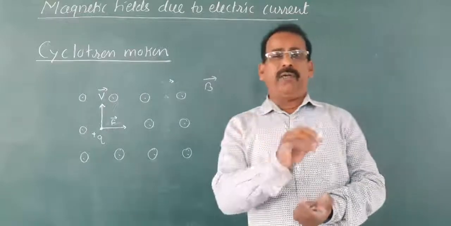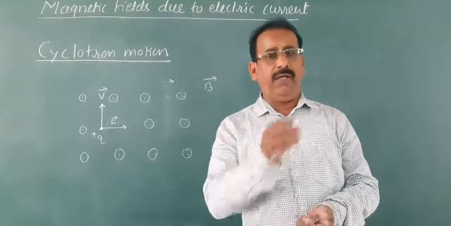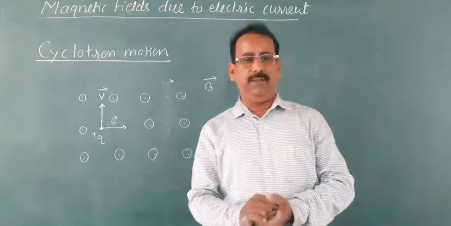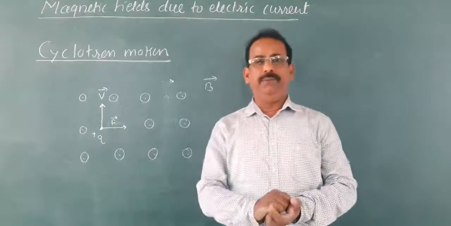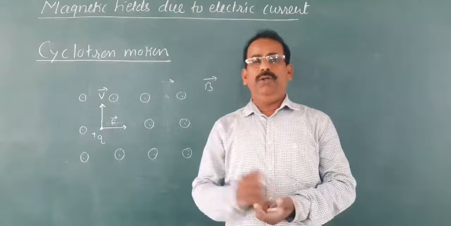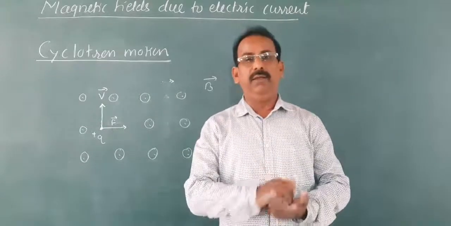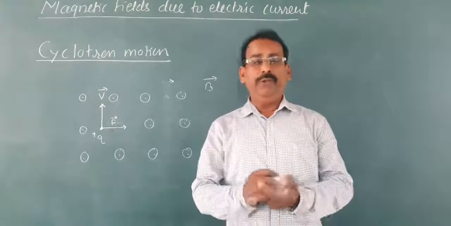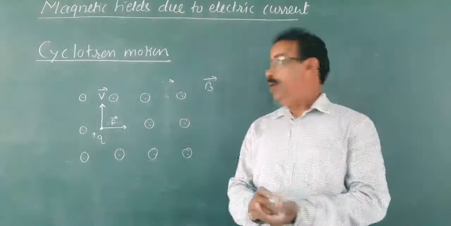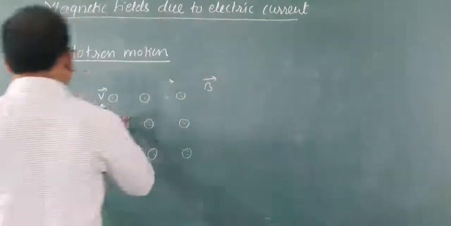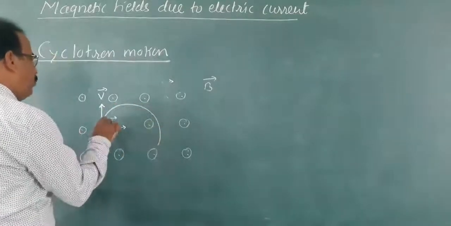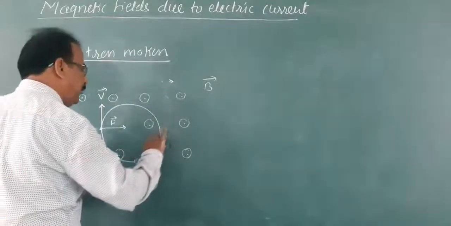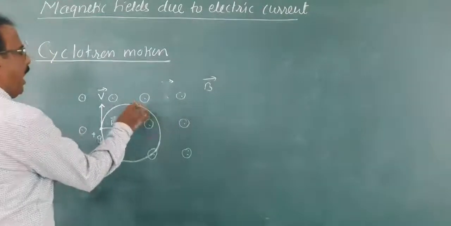Whenever the direction of force comes perpendicular to the direction of velocity, it plays the role of centripetal force. Here magnetic force acts as the centripetal force. And due to this centripetal force, this electric charge moves in this magnetic field in circular path.